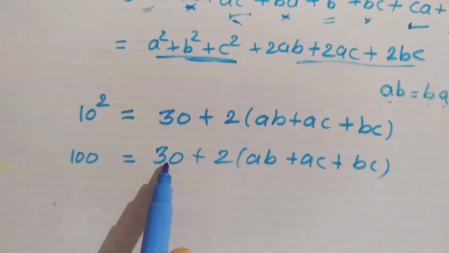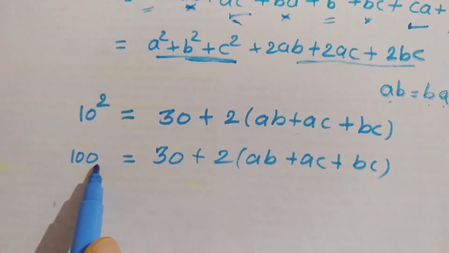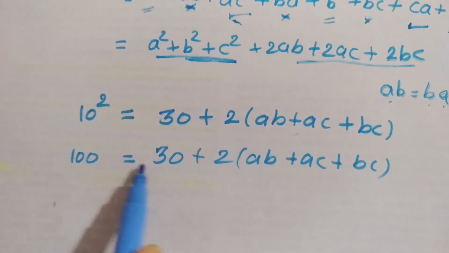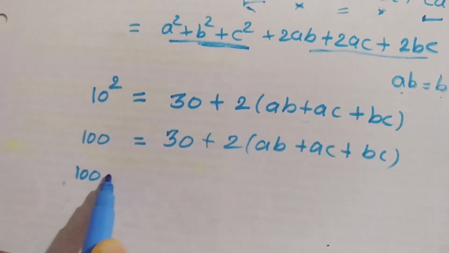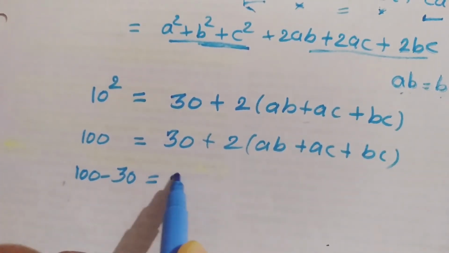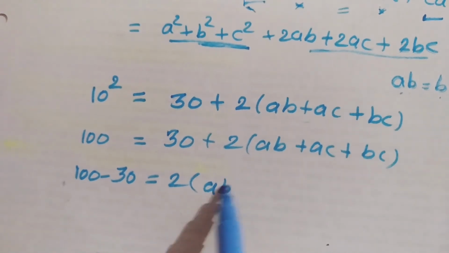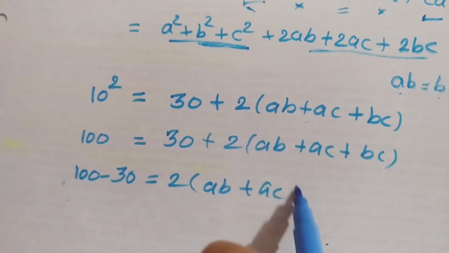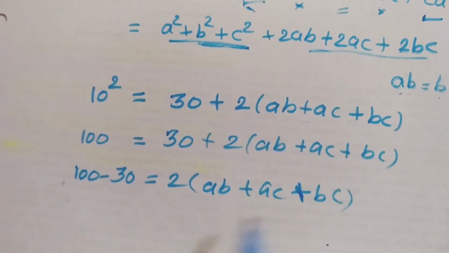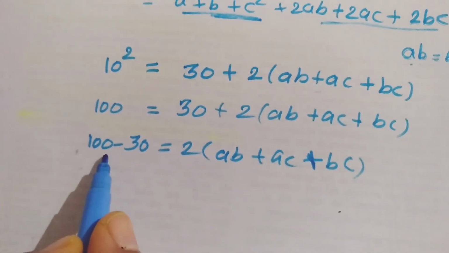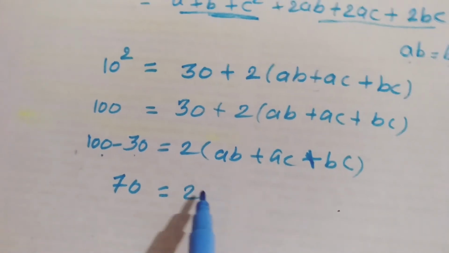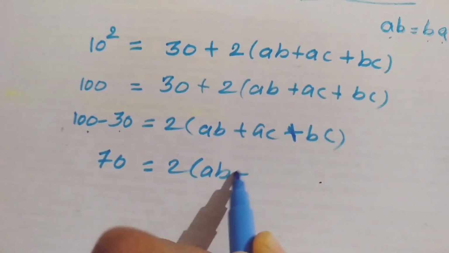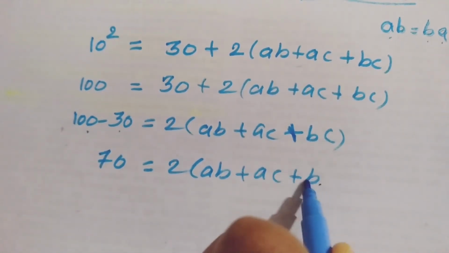If we shift it to the left hand side, then it becomes minus 30. So 100 minus 30 is equals to 2 times (ab plus ac plus bc). Here take the subtraction: 100 minus 30 is 70, is equals to 2 times (ab plus ac plus bc).